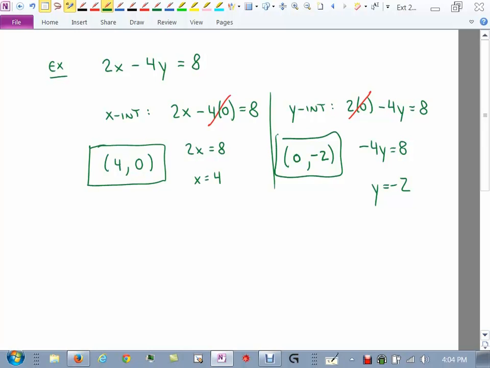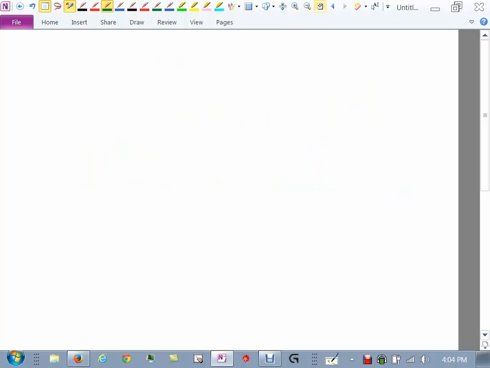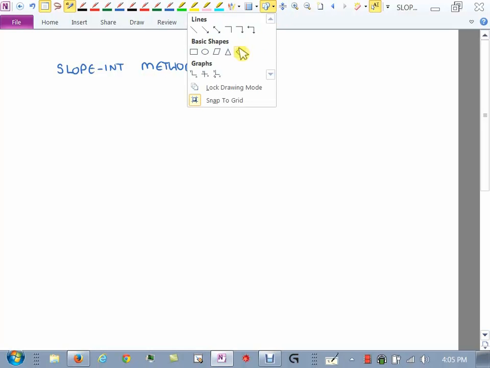The other method is using the slope-intercept form of a line. So let me show you that. The slope-intercept method works as follows. We still have a graph.